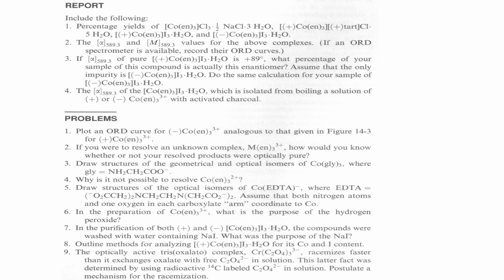So you have alpha lambda for the plus tartrate, plus cobalt ethylene diamine iodide, and the minus cobalt ethylene diamine. You measure and you also calculate M, the molecular rotation, by multiplying with the molecular weight of your sample.